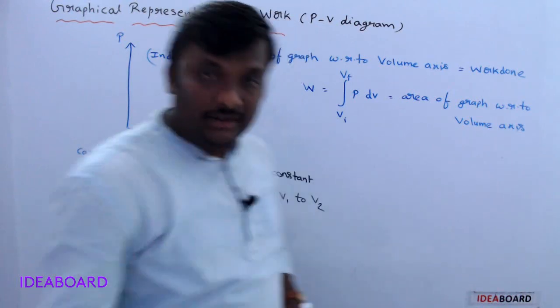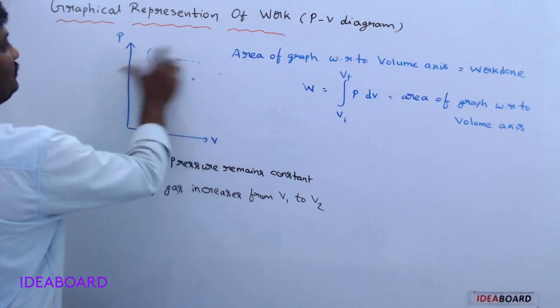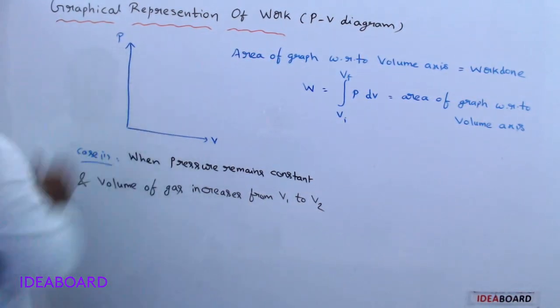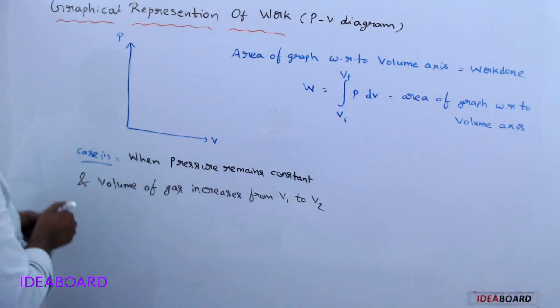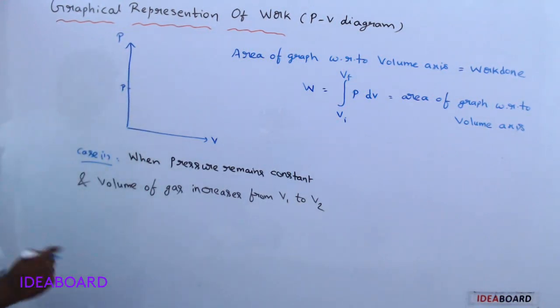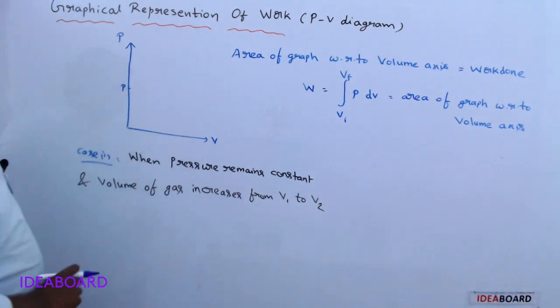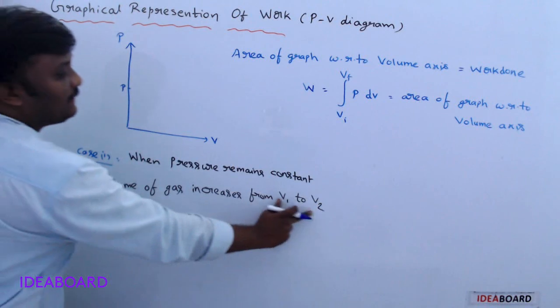If they say this, see the indicator diagram here. Pressure remains constant, so I consider it some pressure P. Throughout the expansion, pressure remains constant. Now volume increases from V1 to V2.